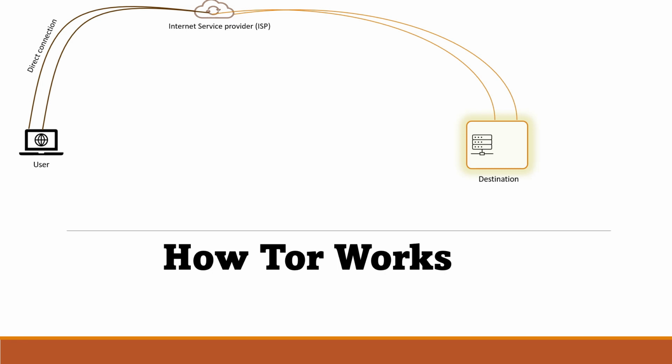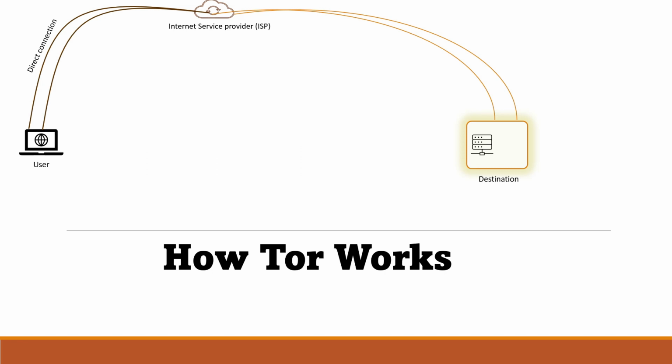So everything you write or any website you visit, your ISP can track and monitor, and can see everything in plain text. So now that you know how a direct connection works, now let's jump into how the TOR network works.